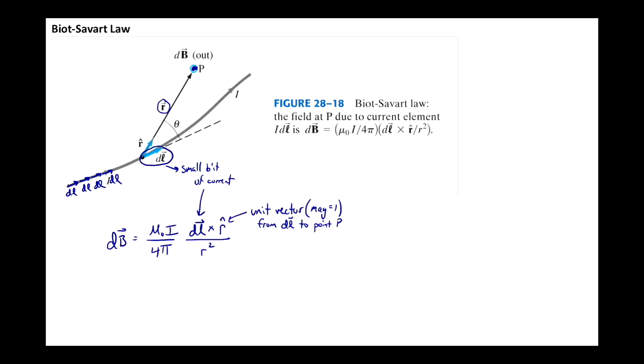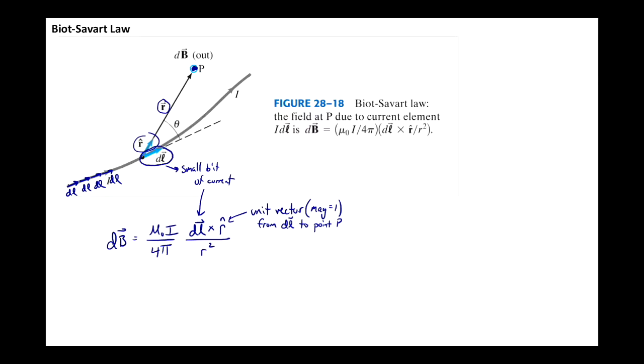I'm worried about the magnetic field that I'm making over there at that point. And it points from the current segment that you're looking at out to the point that you're concerned about. So you can see that over in the diagram. The r hat vector goes from dl and points out to the point that we're trying to find the magnetic field at. And there's clearly going to be some angle between those two.